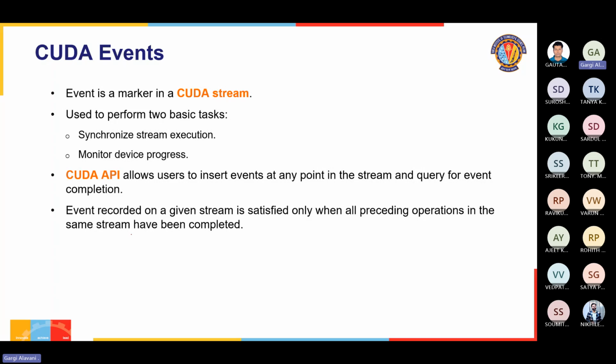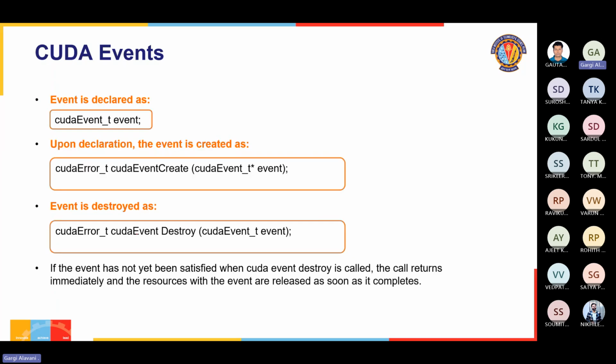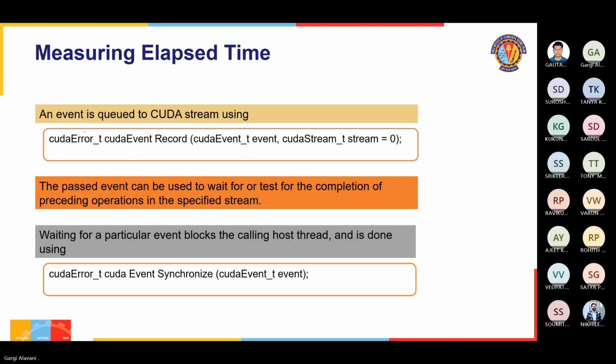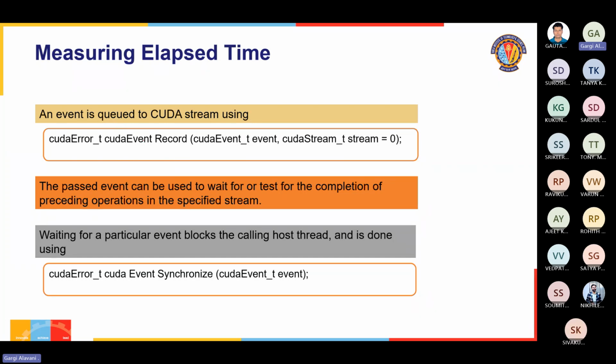So how do we use CUDA events? You can create a CUDA event, and destroy it once the event has been used. If this event has to be for a specific stream, you have to mention the CUDA event and the stream ID.